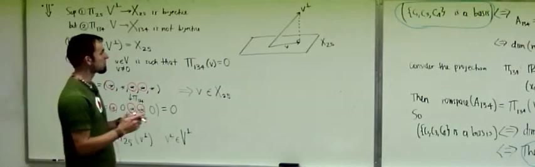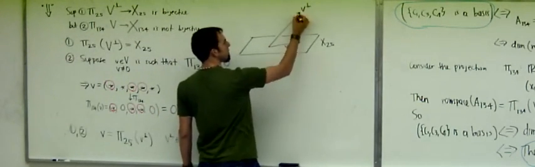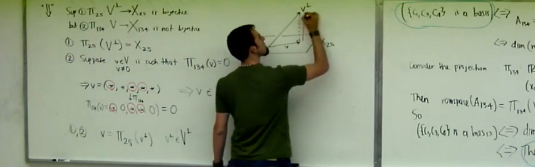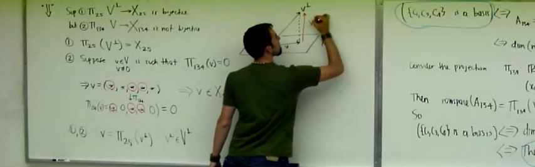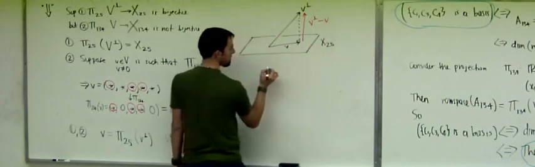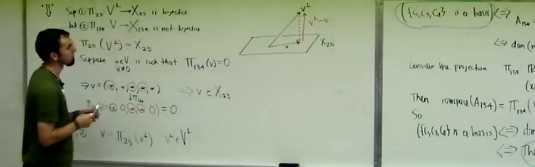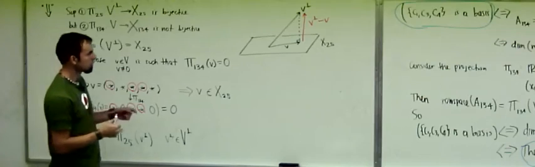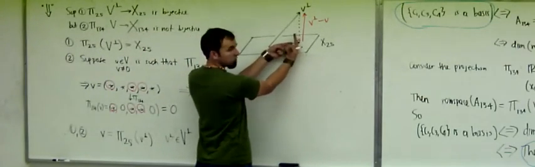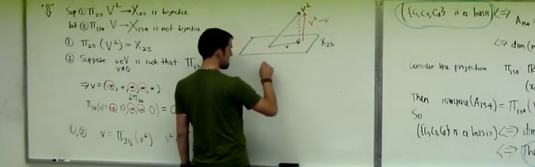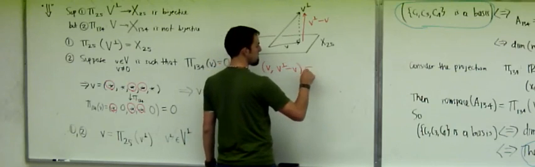Why is that a contradiction? Because this is V perp. So what is this vector right here? Well, it's V perp minus V, right? V plus V perp minus V is V perp. And this is an orthogonal projection. And so these two guys are orthogonal. So V and V perp minus V are orthogonal.